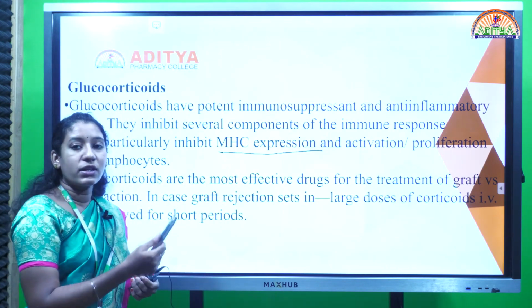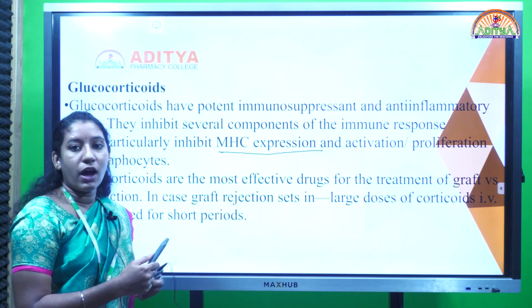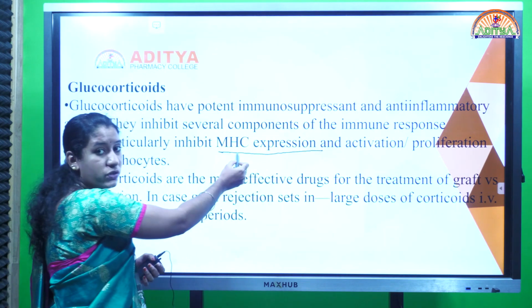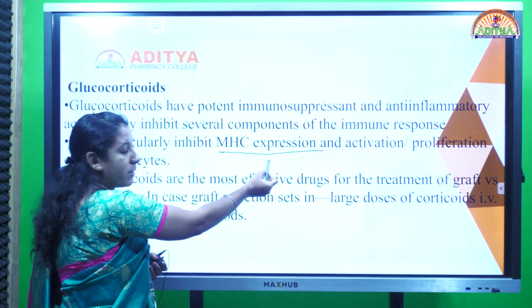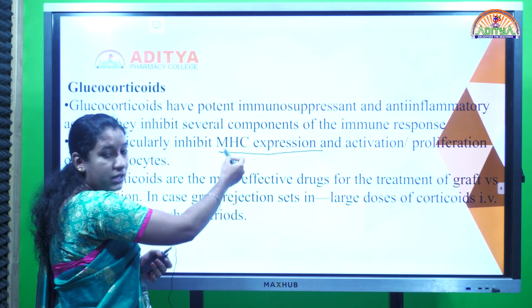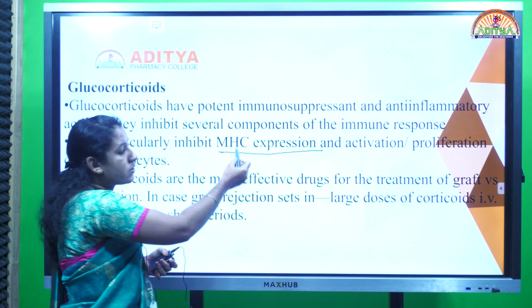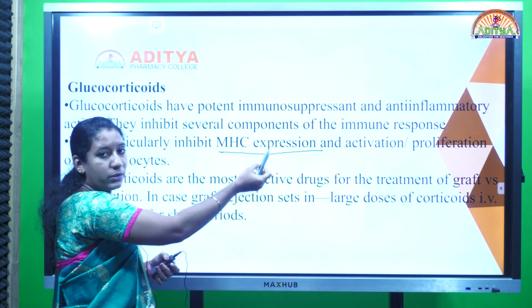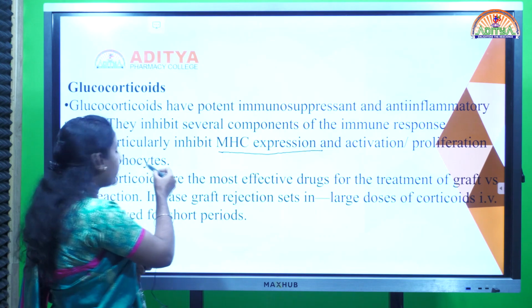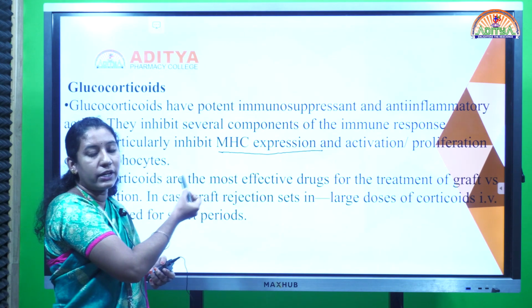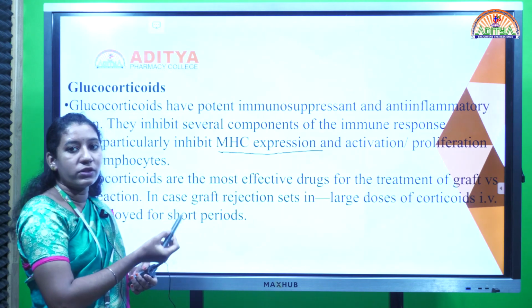immunosuppressant action. Coming to the immunosuppressant action, they inhibit the MHC expression, that is major histocompatibility class expression. If this class is not coupled, there will be no activation and proliferation of T cells, and if the T lymphocytes are not activated, there won't be any further production of immune responses.